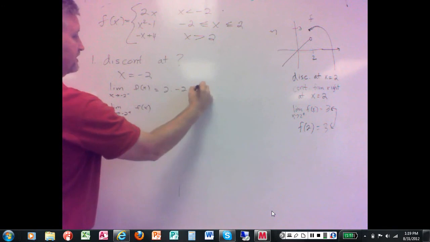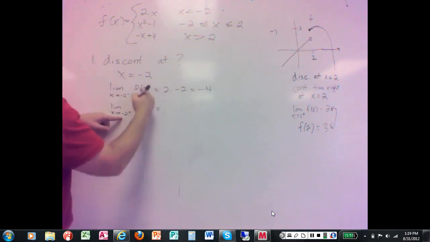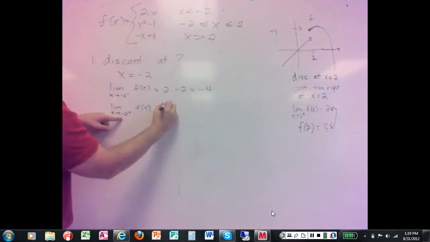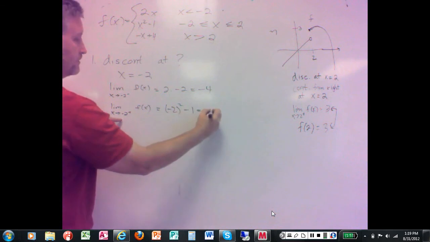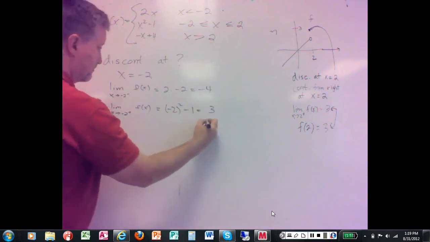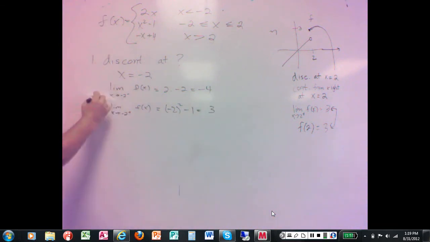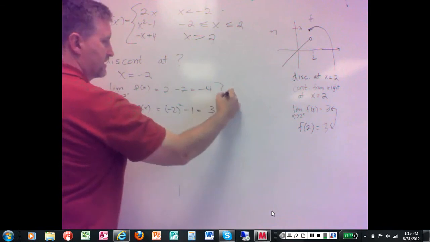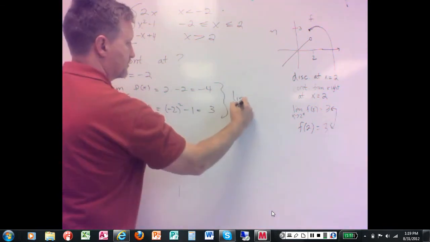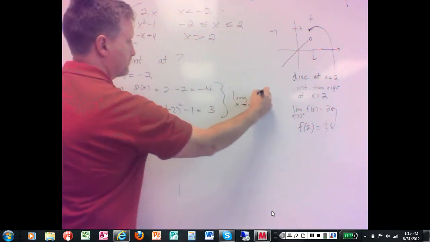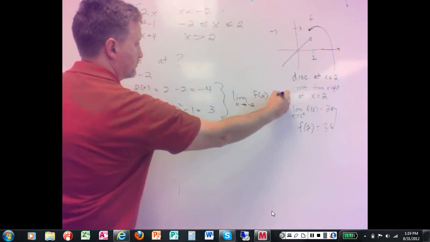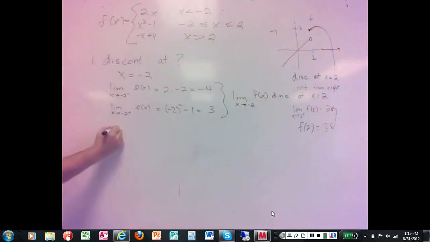It's 2 times negative 2, which is negative 4. Negative 2 from the right would be this one, so that would be negative 2 squared minus 1, which is 3. Yeah, so there you go. It's discontinuous because the limit does not exist at negative 2. Okay, so it's discontinuous there.